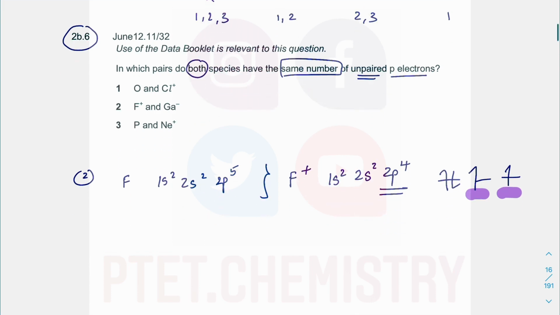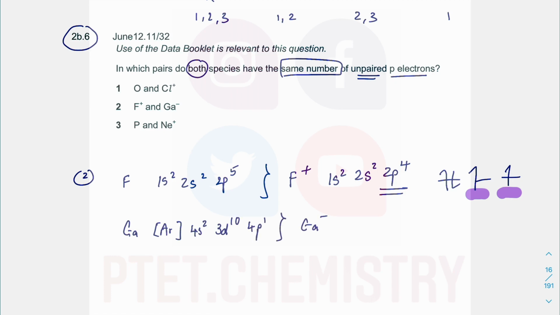And about gallium minus. Gallium is below aluminium in the periodic table. So gallium would be, if I start just using the notation, argon, and then potassium and calcium is 4s2, and then you fill up the whole d block, and then you go back to 4p1.